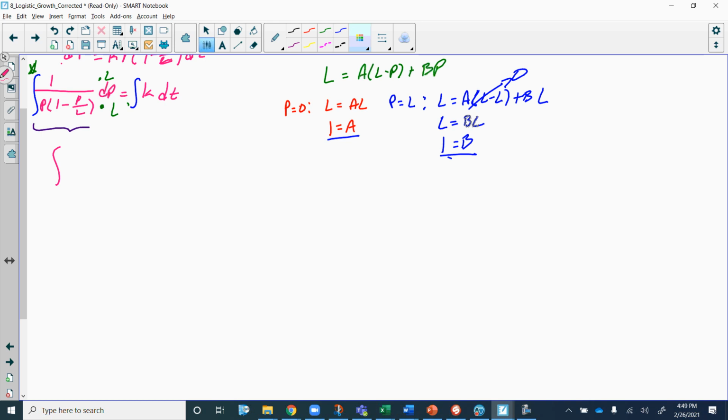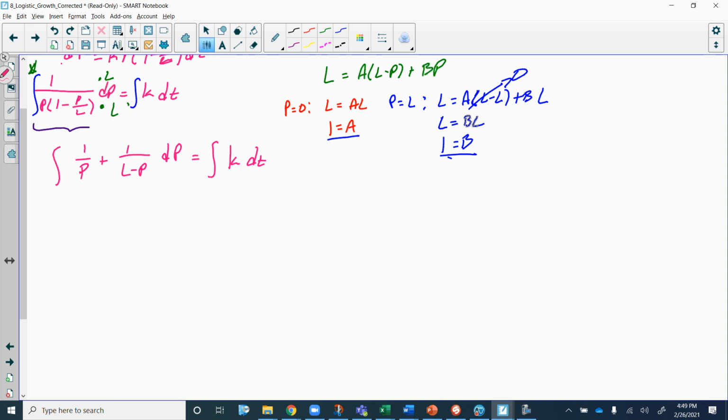In this case, it's going to be 1 over P plus 1 over L minus P, all of it multiplied by dP, to be equal to the indefinite integral of k times dt.